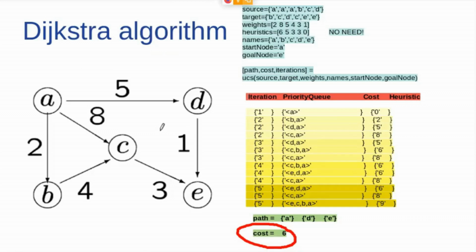But the important thing is that the Dijkstra algorithm will reconsider all the unvisited nodes in order to find the optimum path, in order to ensure that you will be given the optimum path with the minimum cost possible, right?